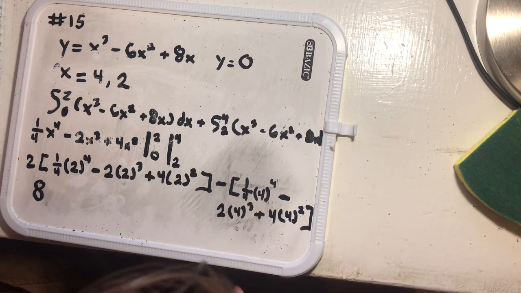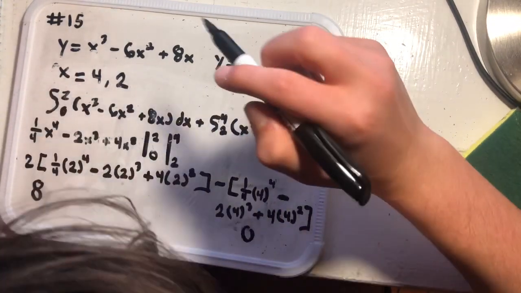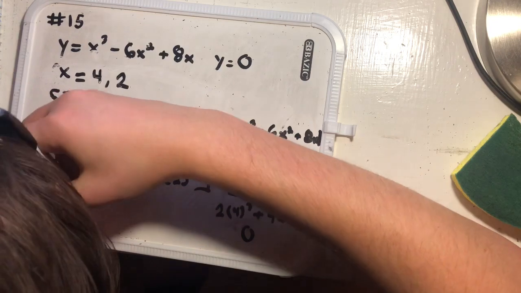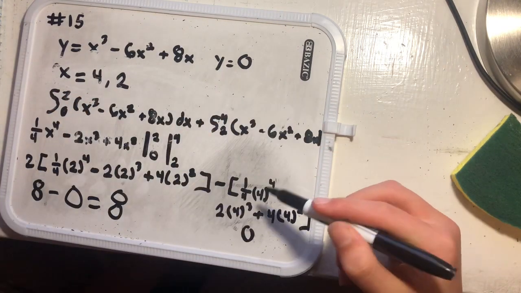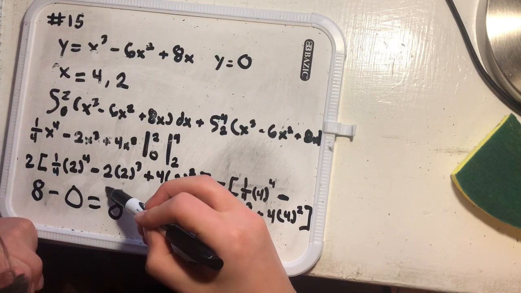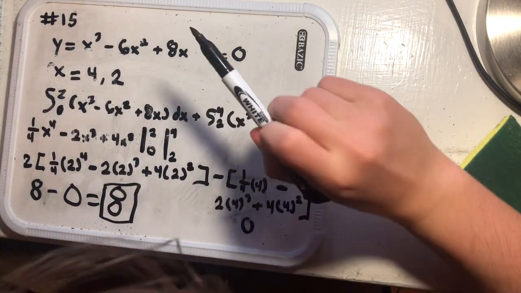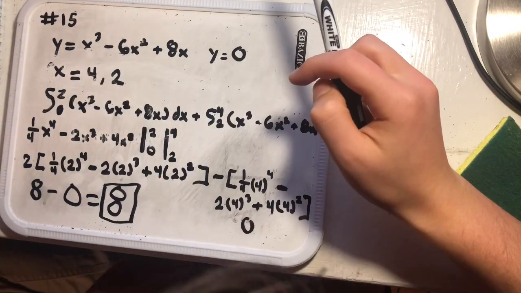This, in fact, is actually going to solve out to 0, weirdly. And so, 8 minus 0, which equals 8, is in fact your area, and the answer.